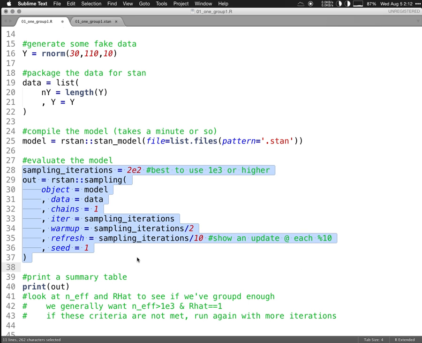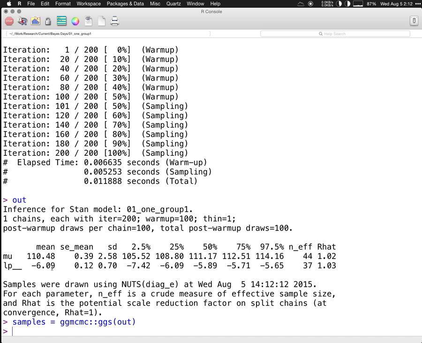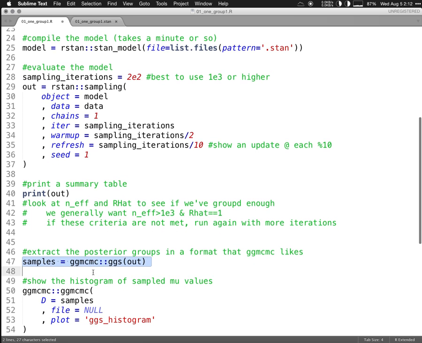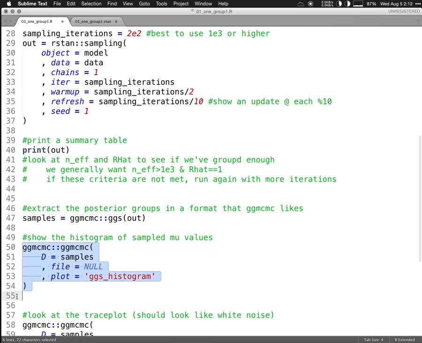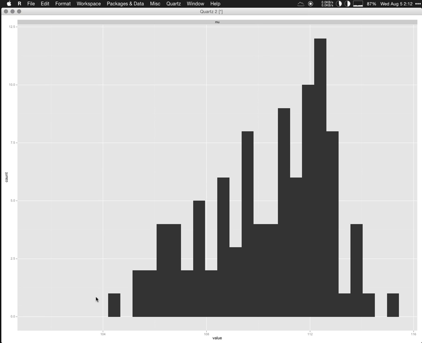But let's actually take a look at things. Let's look at the samples we achieved. The histogram is generally going to look fairly similar, but it's fairly strongly skewed.